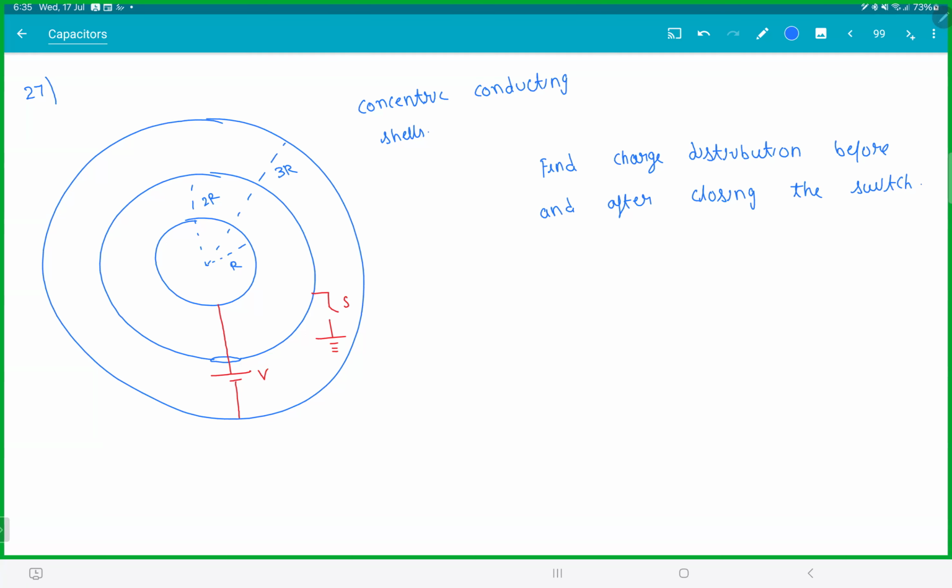What is the formula for capacitance? That is a problem we have in life. All the complex things we do, and we don't know the capacitance of a spherical shell formula. 4 pi epsilon R1 R2 by R2 minus R1.